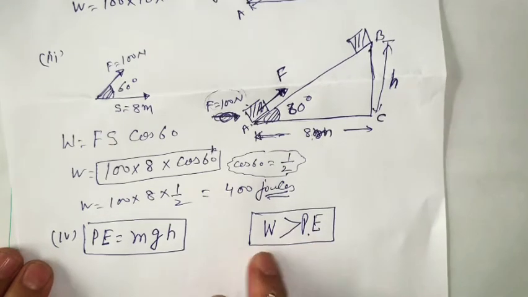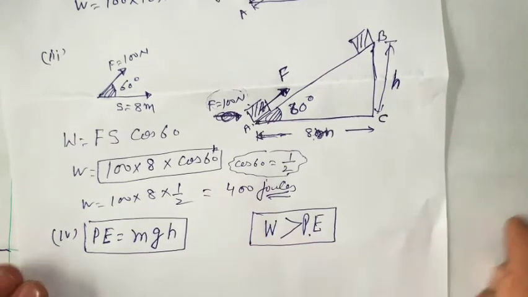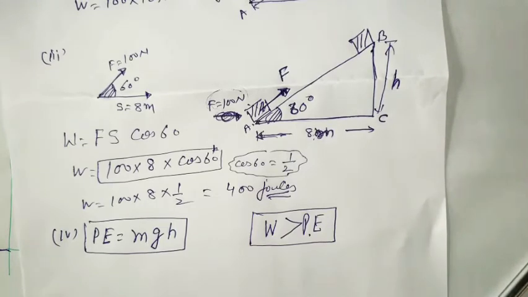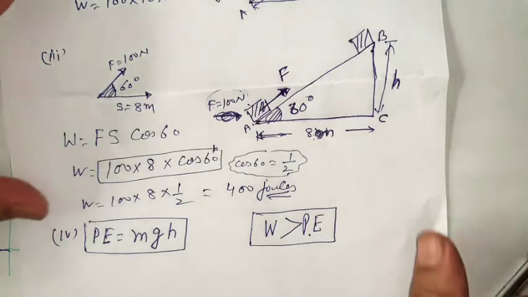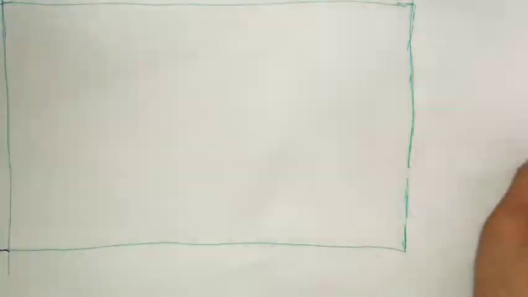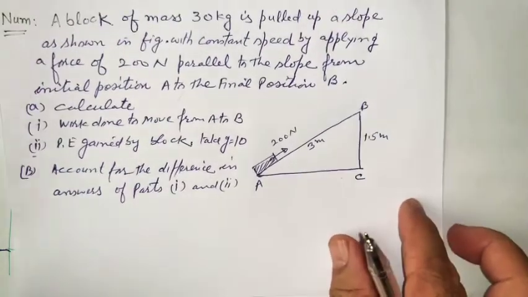The difference between the work and the potential energy is used as work to overcome the friction. Clear? Let me suppose one more numerical regarding this.